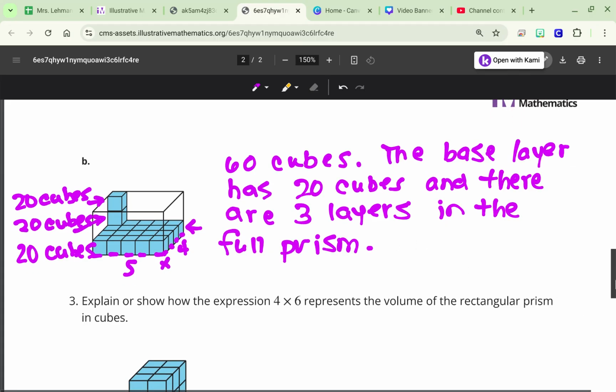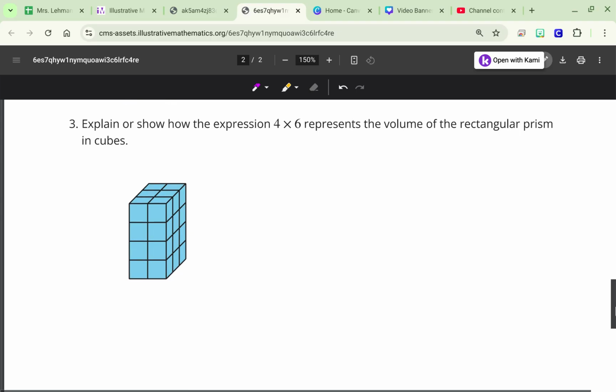We simply have one more question for this Section A checkpoint, and this number 3 says to explain or show how the expression 4 times 6 represents the volume of the rectangular prism in cubes. Where do I see 4 times 6? Well, first of all, let's stop and ask, how many layers does this prism have?